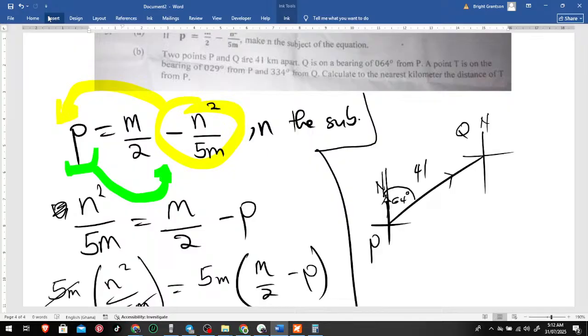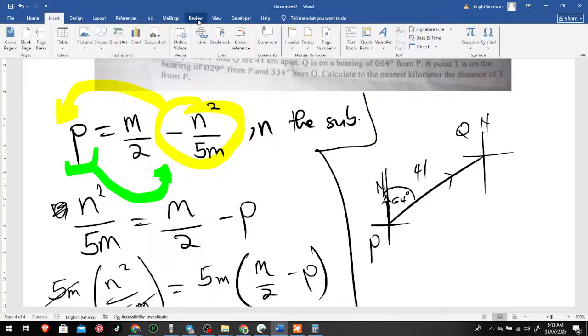First, let me bring this diagram down, because the diagram is going to go up.